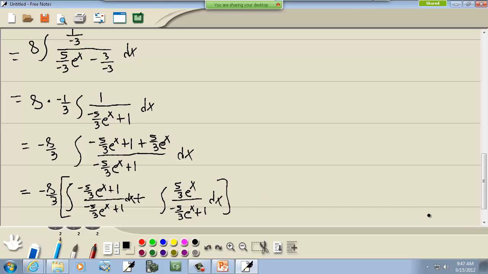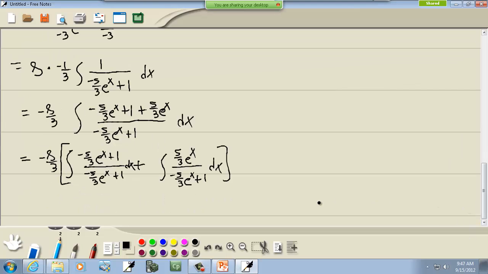And then dx. Well, the reason I'm doing that is this becomes 1. So I got -8/3. This is the integral of 1 dx.